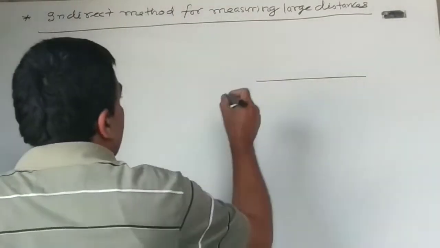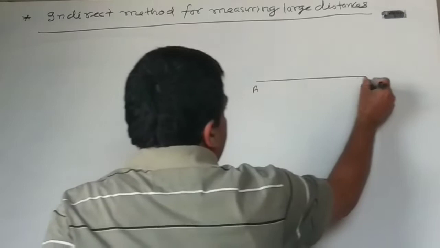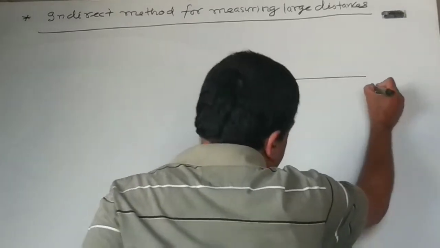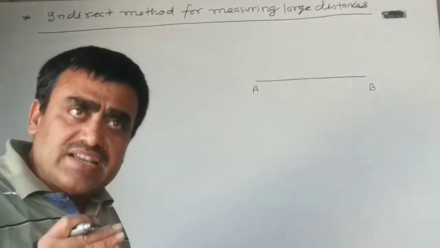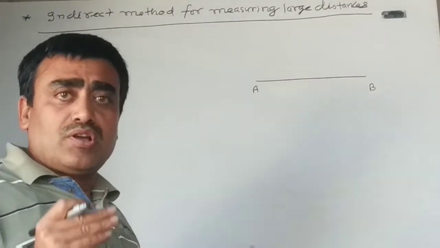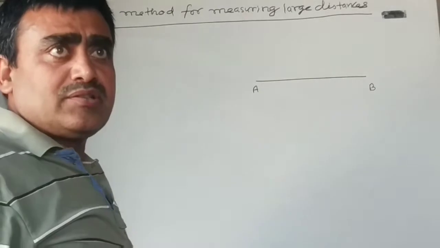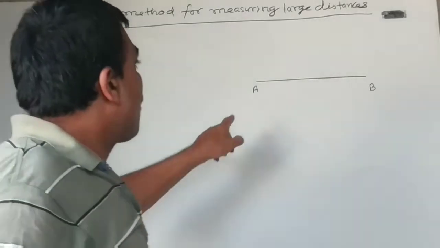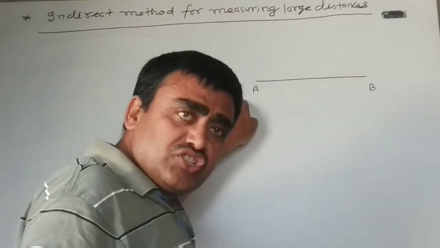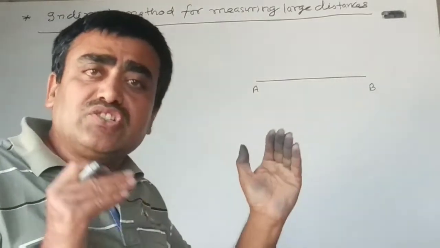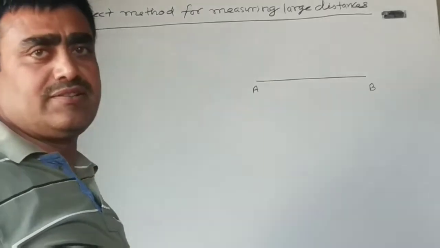Okay, it started at point A and ended at point B. The distance between, the separation of final point and initial point is called length.